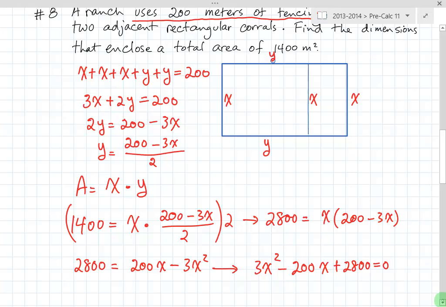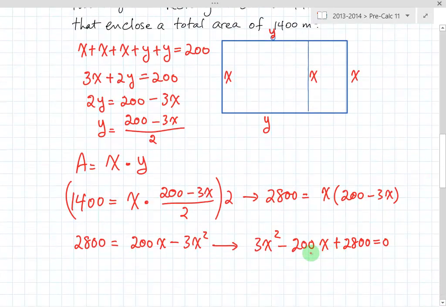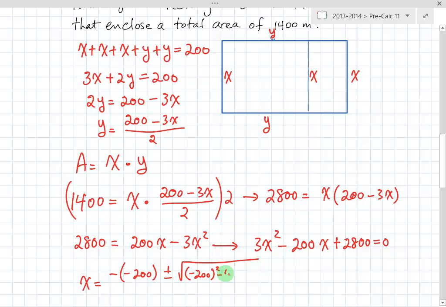Now I have a quadratic equation that I can solve using the quadratic formula. I'm going to go, okay, x is equal to minus negative 200 plus or minus the square root of negative 200 squared minus 4 times a, which is 3, and c is 2800, divided by 2 times 3.